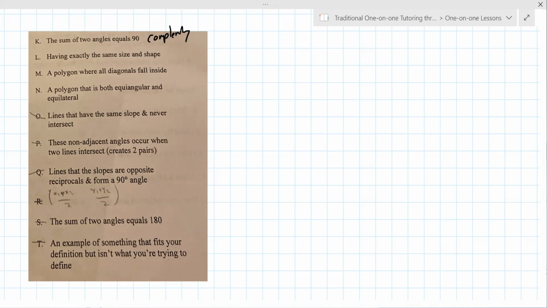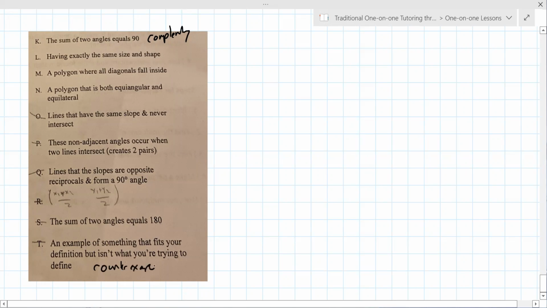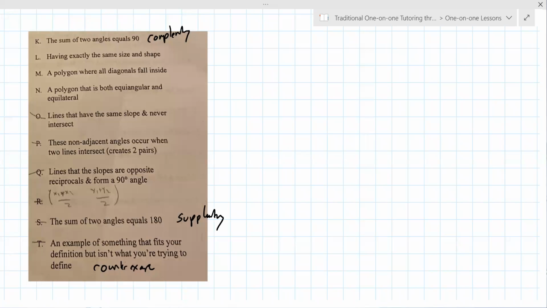And an example of something that fits your definition but isn't, that's a counterexample. The sum of two angles is 180, supplementary. An example of something that fits your definition, another example.